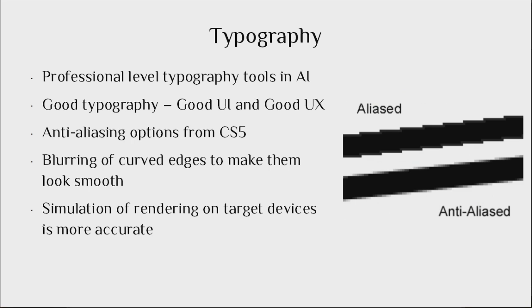But with anti-aliasing, the edges are blurred, with which curved edges are made to look smooth, which is very good in a lot of applications. These days we have anti-aliasing in 3D applications as well, in the 3D world. Games with anti-aliasing are pretty much preferred over the ones without it.